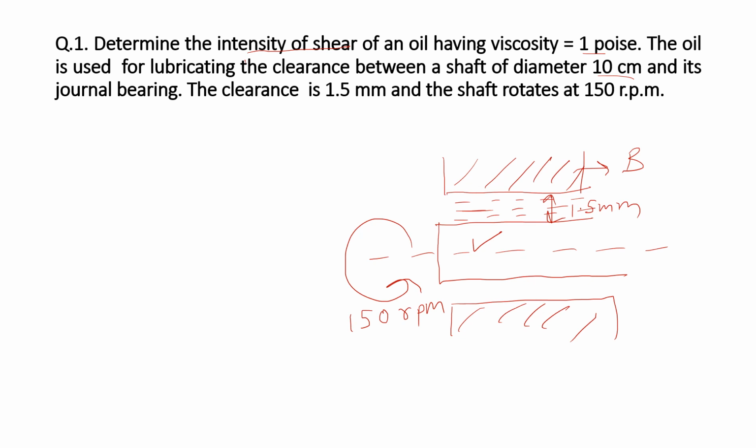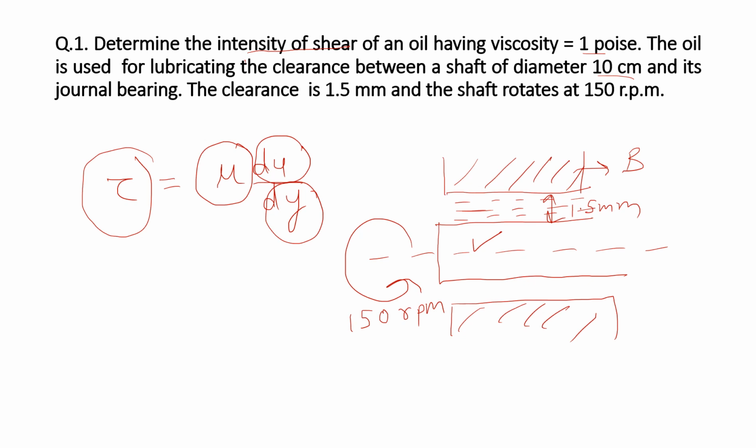For finding the shear stress, we use Newton's law of viscosity, that is tau = mu du/dy. Mu is our coefficient of dynamic viscosity, u is our speed, and y is the distance between the layers, and tau is our shear stress.